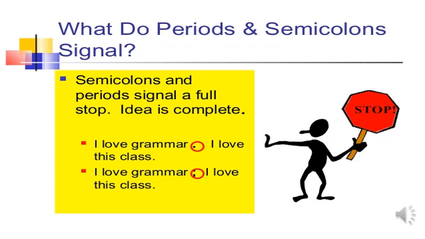What do periods and semicolons signal? Semicolons and periods signal a full stop. The idea is complete. The first sentence: I love grammar, full stop. I love this class. The second sentence: I love grammar, semicolon. I love this class.